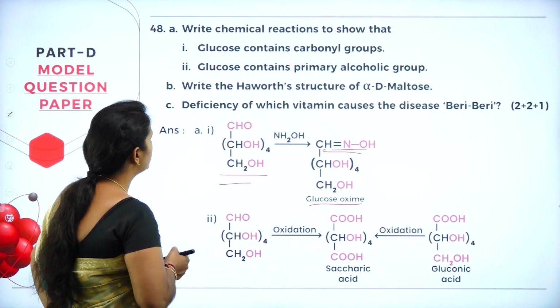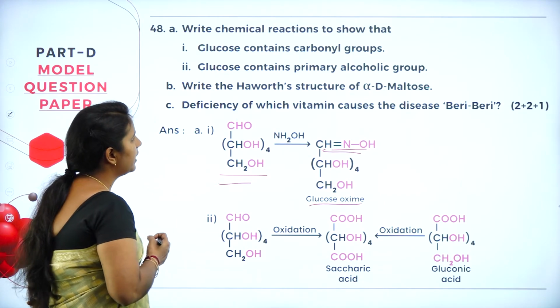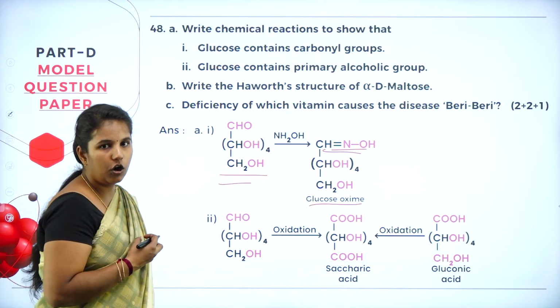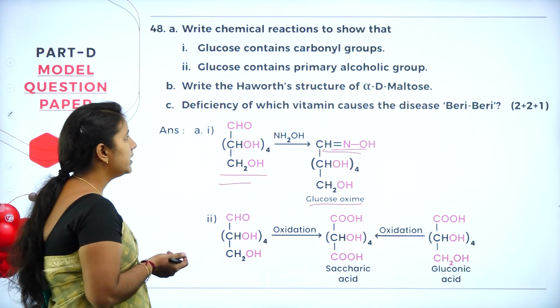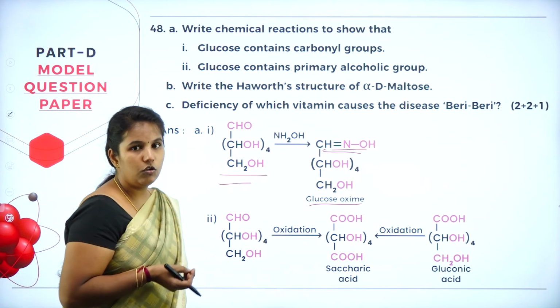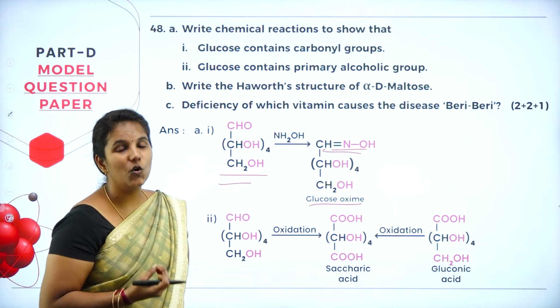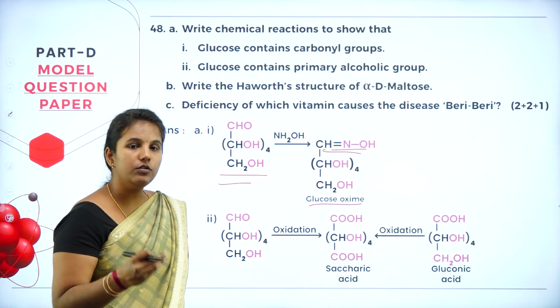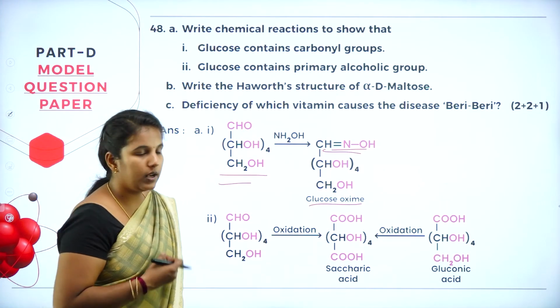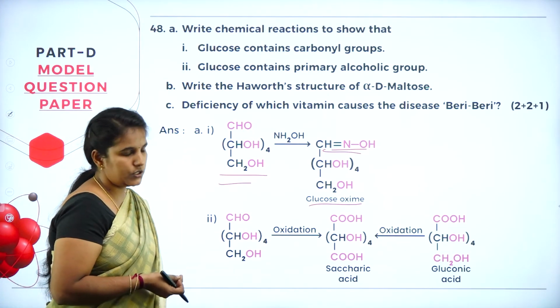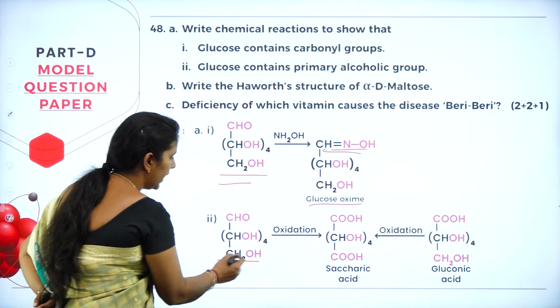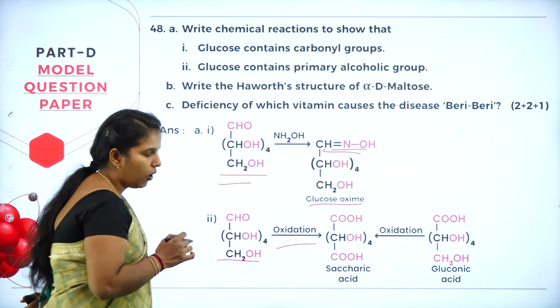We have one more question, that is glucose contains primary alcoholic group, or you can say that glucose consists of 5 OH groups. How to show that reaction? Again it comes under the glucose structure only. Take glucose and show that it undergoes oxidation.